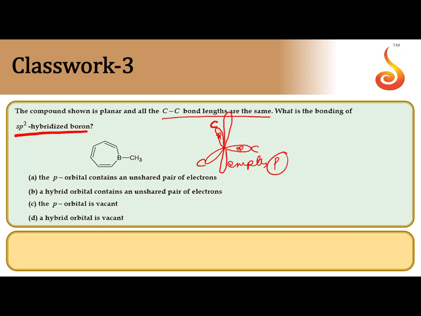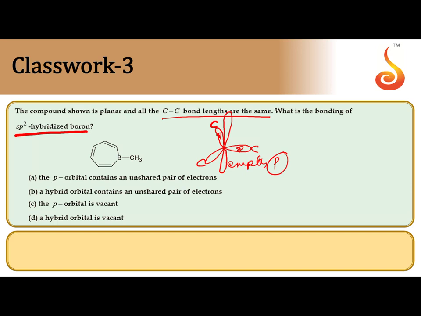That empty p orbital is involved in sideways overlapping with half-filled p orbitals of adjacent carbon atoms. That's why cyclic conjugation is completed. So 6 electrons are moving around 7 atoms, 6 carbons and boron.